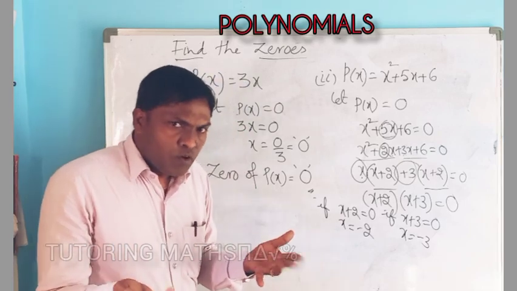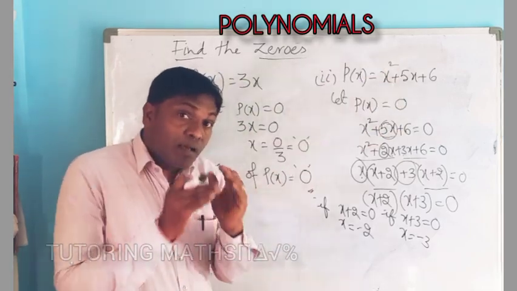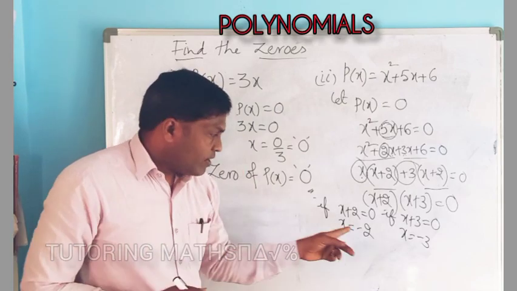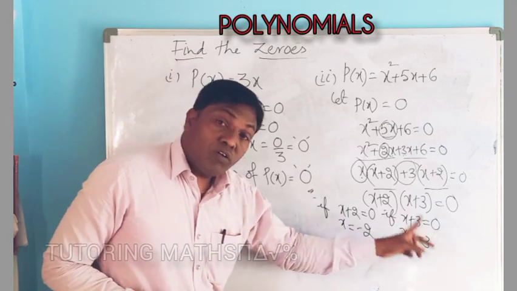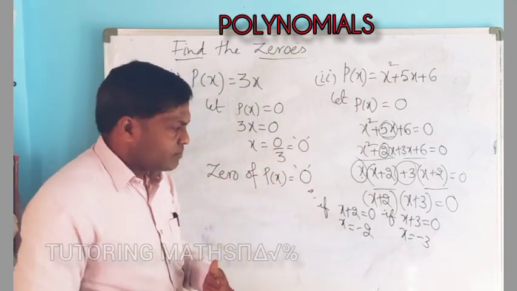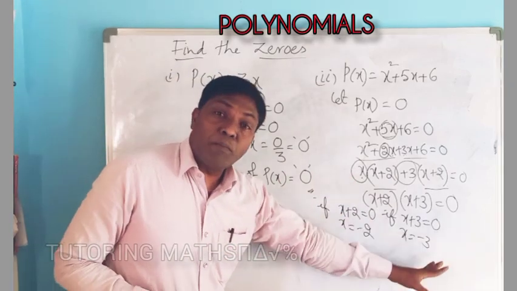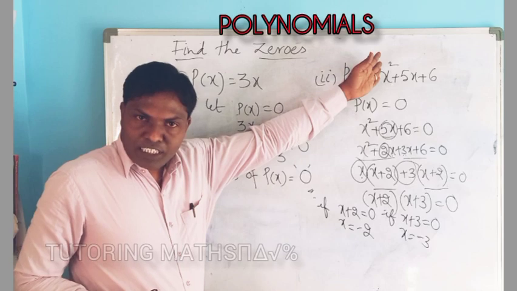It means for what value of x the whole expression becomes 0: when x is equal to minus 2, this becomes 0, and when x is equal to minus 3, this becomes 0. So minus 2 and minus 3 are the zeros of this polynomial.